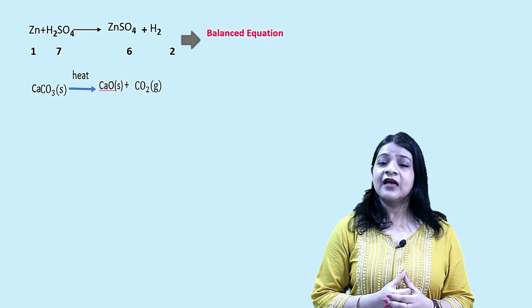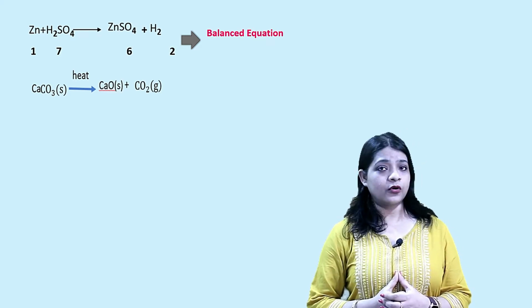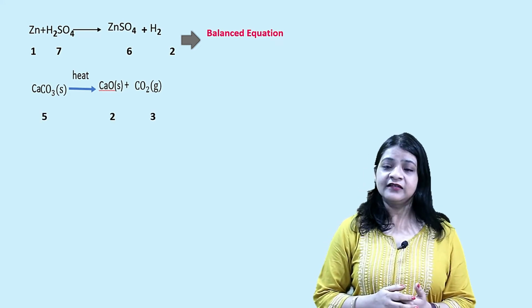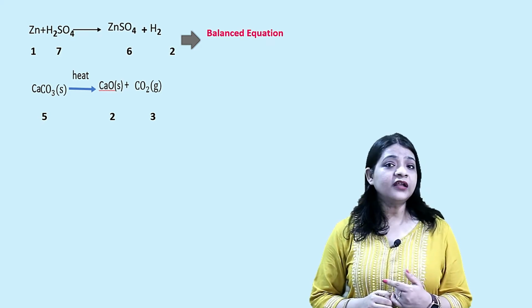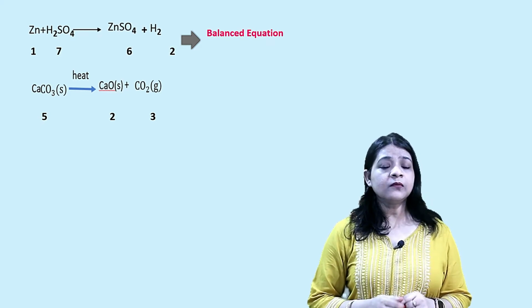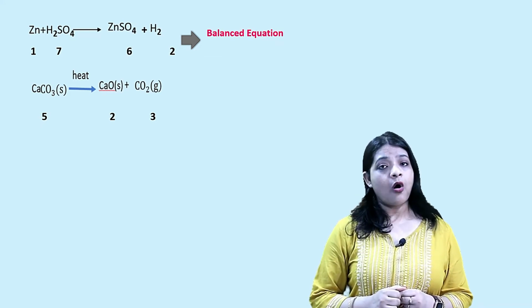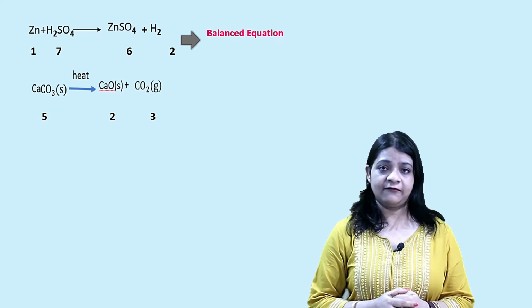Now let's take the second example, that is calcium carbonate. When it is heated, it gives calcium oxide plus carbon dioxide gas. Now calcium carbonate has 1 atom of calcium, 1 atom of carbon and 3 atoms of oxygen, that is 1 plus 1 plus 3, that is 5.